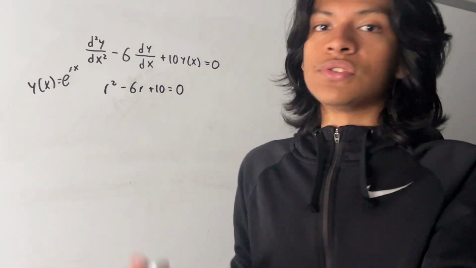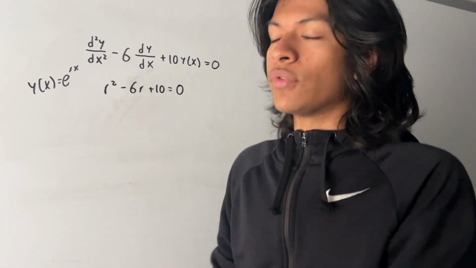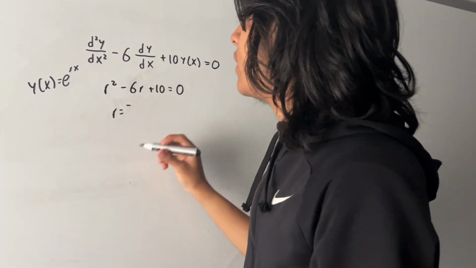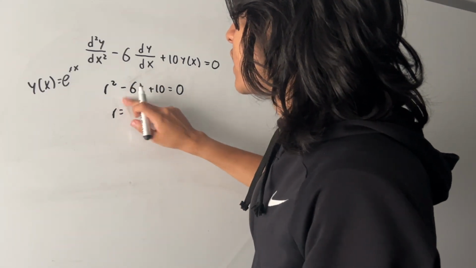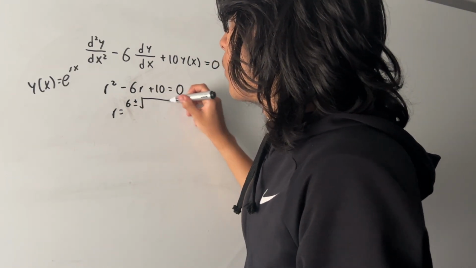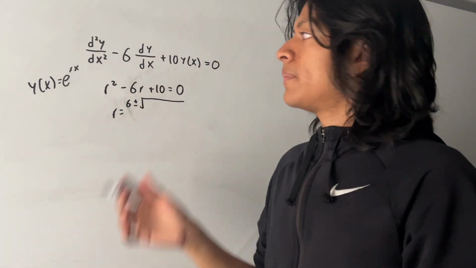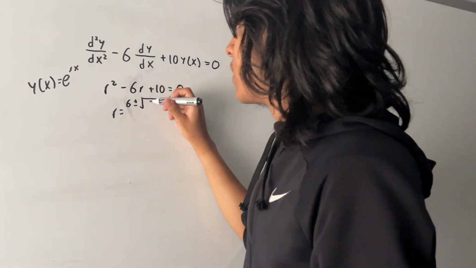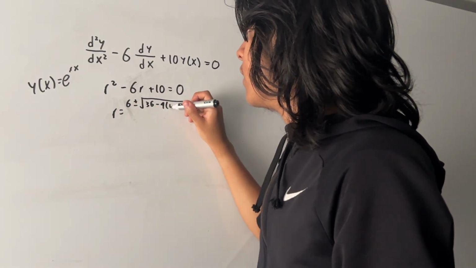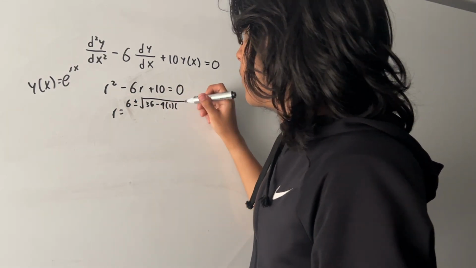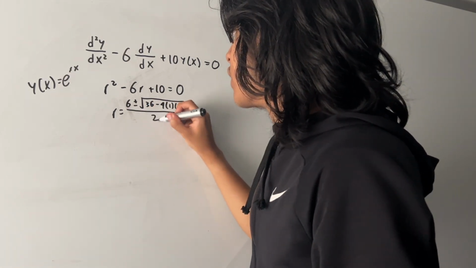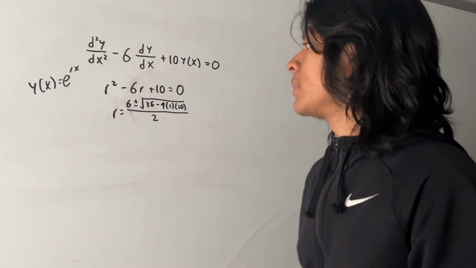Solving for r, we're going to use the quadratic formula. So r is equal to negative b, which is positive 6, plus or minus the square root of b squared, so that's 36, minus 4 times 1, since a is 1, times 10 for c, all over 2a, which is just 2.